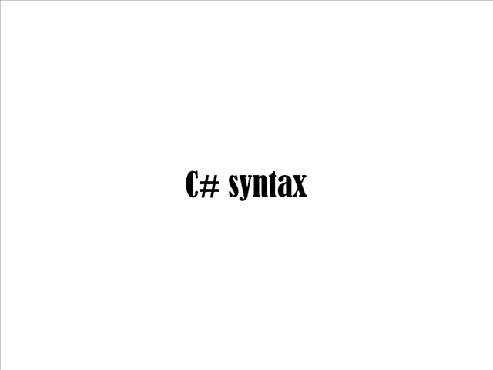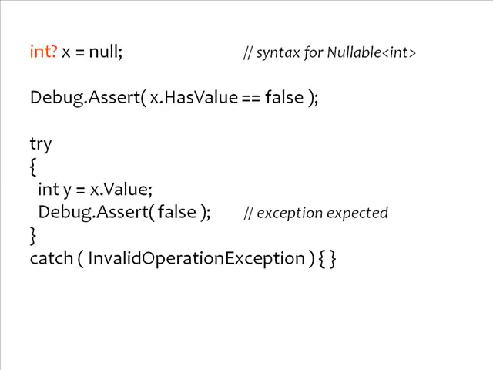So C# gives us some nice syntax around Nullable<T>. We have this query, this question mark notation. I vote that this gets pronounced "int query". So int? x is in this case set to null, and that means if I take a look at this debug assertion that x has a value, I'm expecting that that would be false given the previous statement.